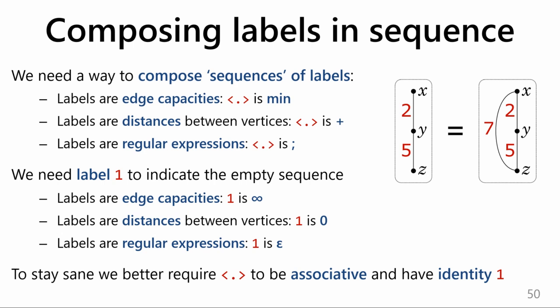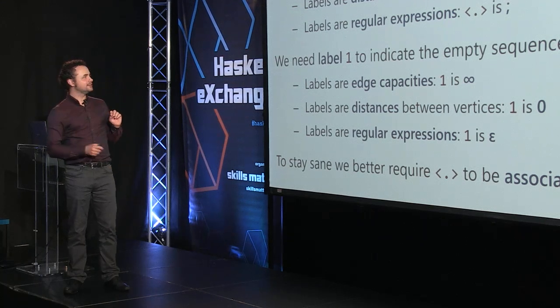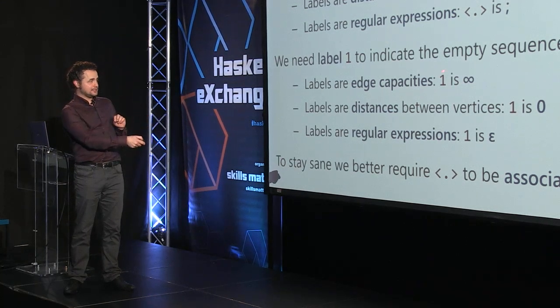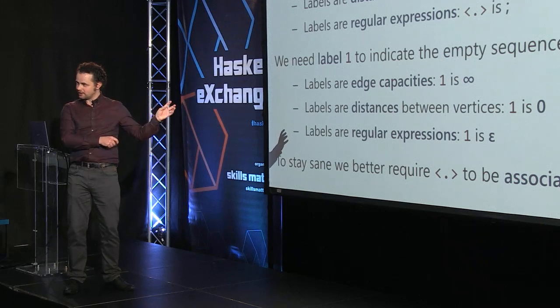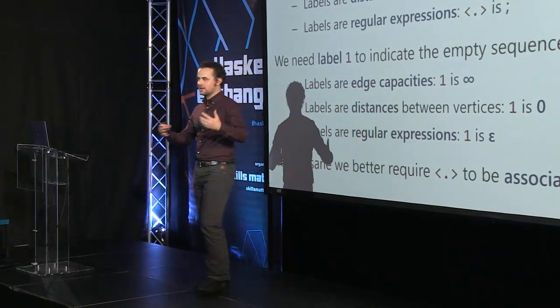And we are going to denote this operation for composing edge labels sequentially like angle brackets and dot. I would have preferred to use multiplication, but it's taken over by applicative, so I'm using the dot operation here. And the identity for this operation is going to be denoted as 1. And again, don't forget that this 1 corresponds to different things depending on what our labels are.